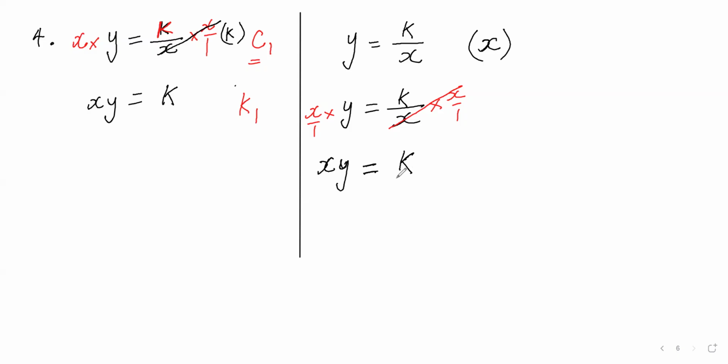Tell the class what you're going to do now to find for x. I have xy equals k. What should I do, Tyrell? Tell me what I should do. I have x times y equals k. I want to find for x. Let's multiply.